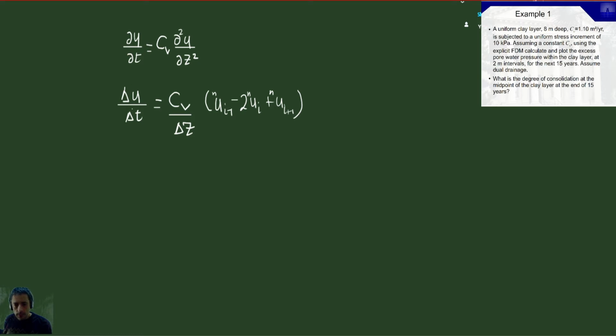Equal at the central node. And at the central node, first, let's just keep our delta u on this side. So we have delta u in time. So it's at the central node, so ui, okay? So we may want to calculate it at n plus 1 minus ui at time n, over delta t. So we'll multiply by delta t, cv delta t over delta z squared.